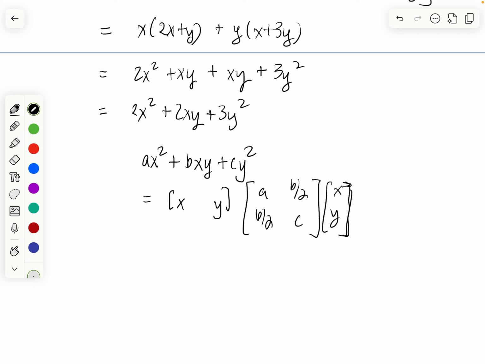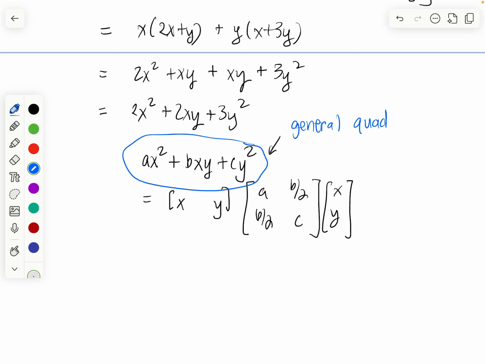So a quadratic form in two variables is going to be like this. So this is the general form of a quadratic form in two variables.